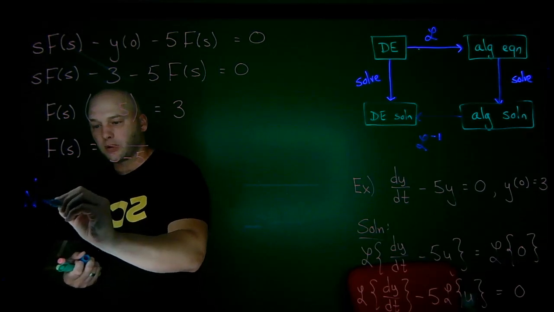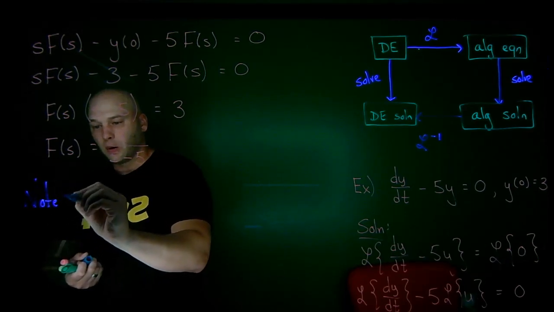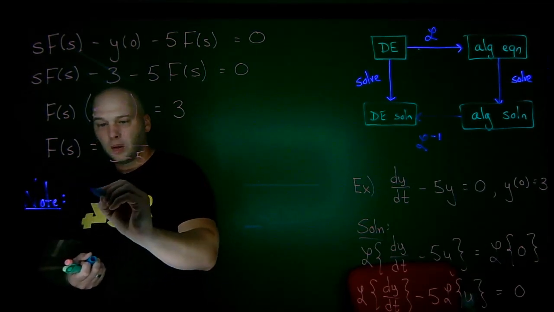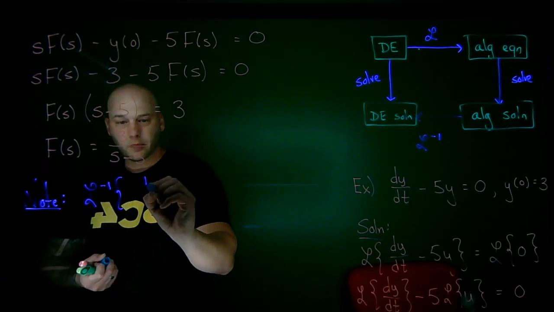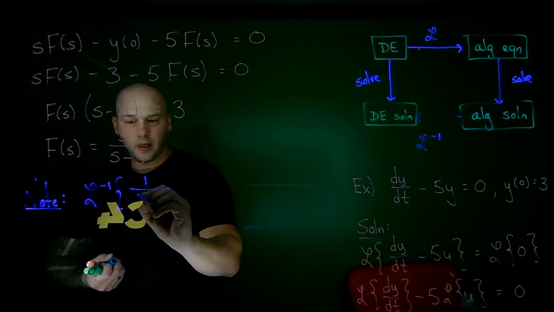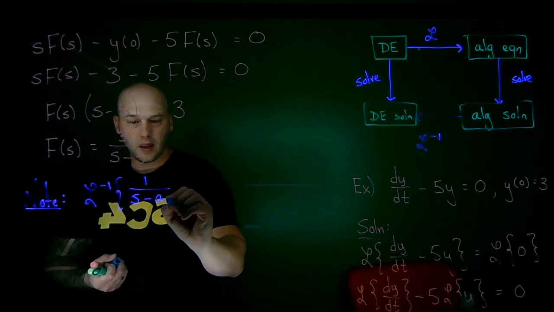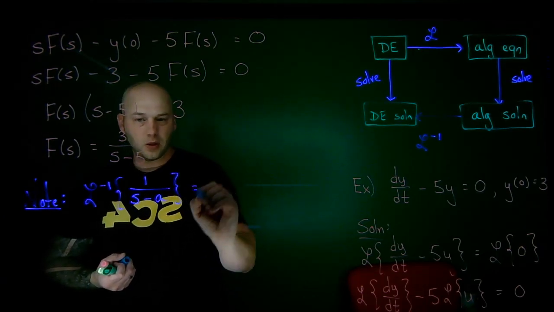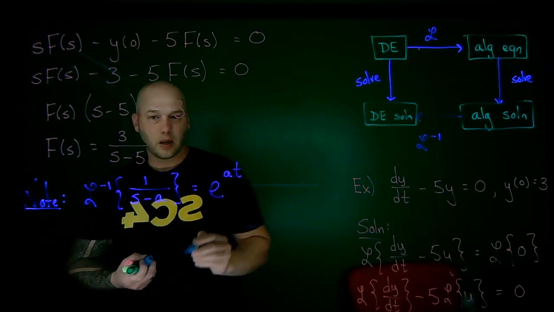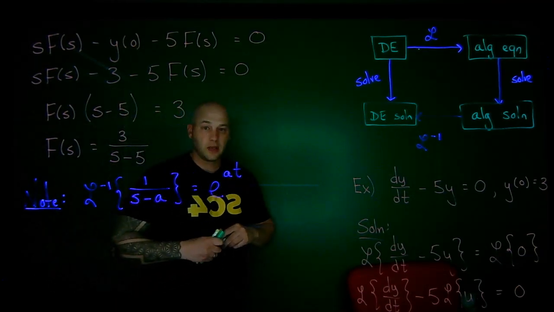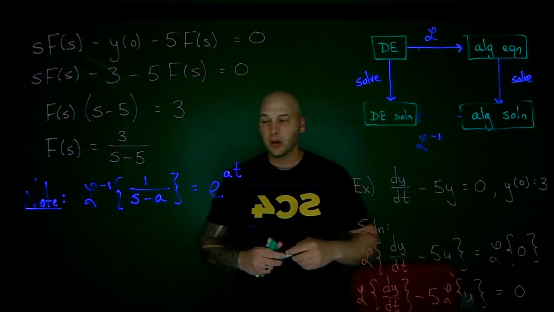So let's just call this a note here. Note, the inverse Laplace transform of the expression 1 over s minus a is equal to e to the at. So again, that would be a result that you would get from a table in your textbook.